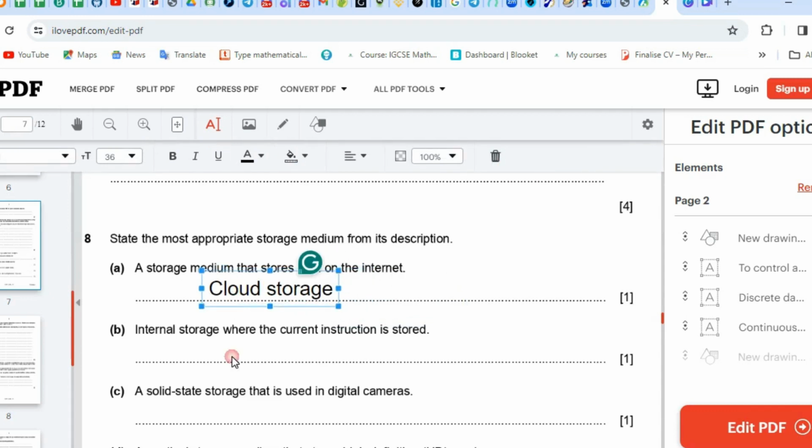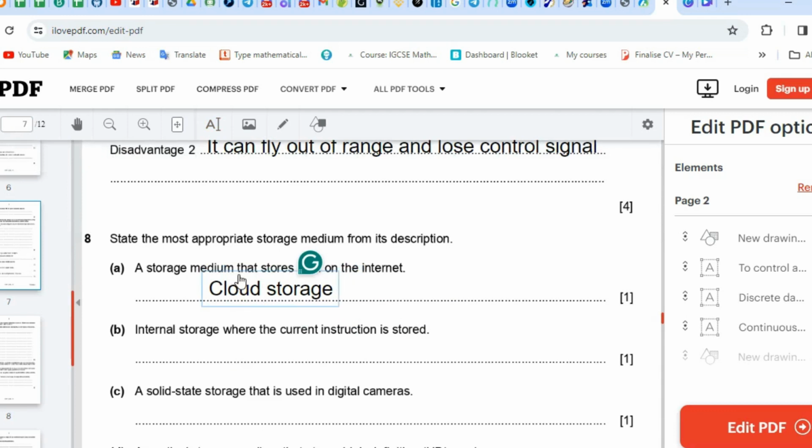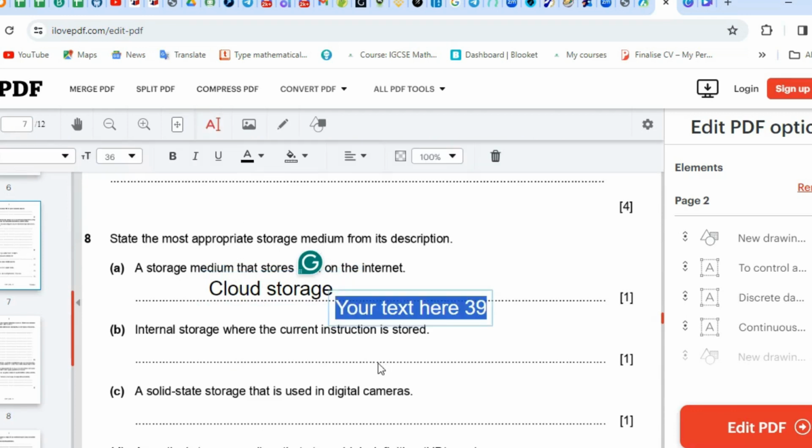B. Internal storage, where the current instruction is stored. Internal storage, where the current instruction is stored, is known as what? Random access memory, or RAM.